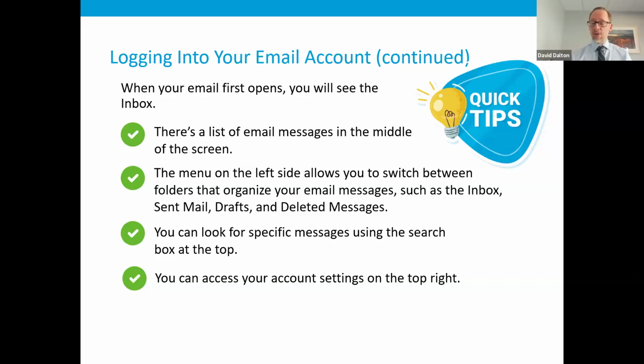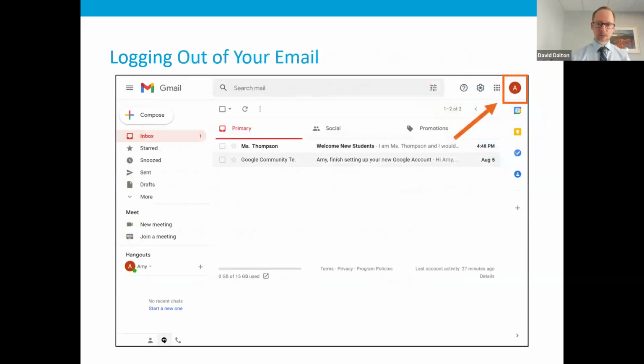So now we're going to walk through all of those things that Sean just talked about, the quick tips. When you are done with your email and you've sent the emails and looked at all that you wanted to, you know where the folders are, you know where the search feature is. But when you're finally done, you can sign out by clicking your account button at the top right hand corner.